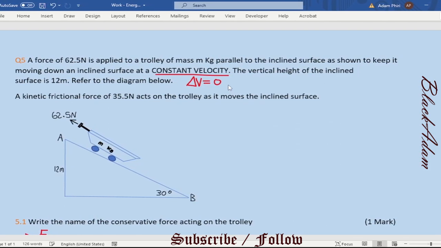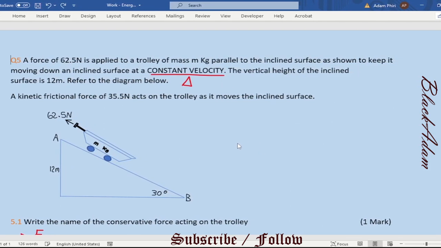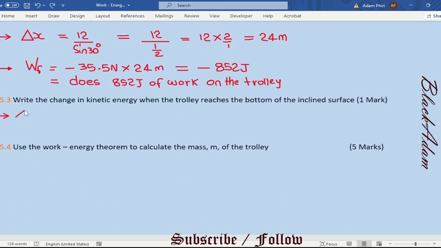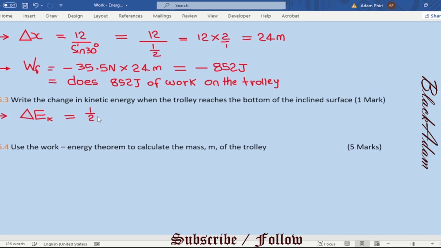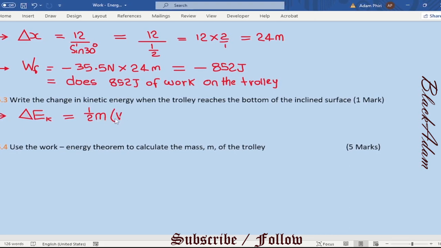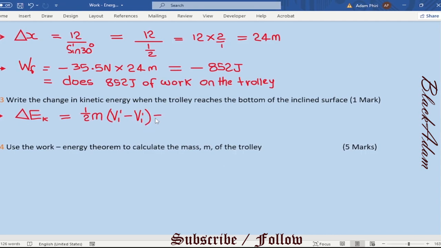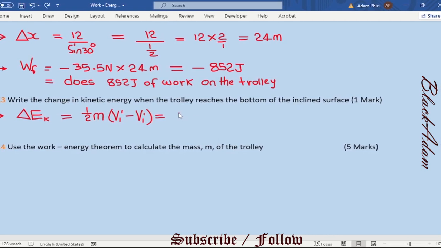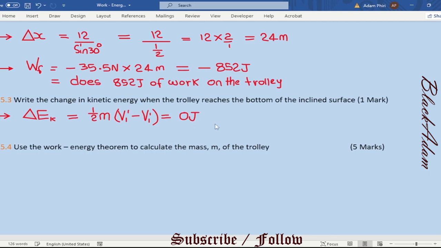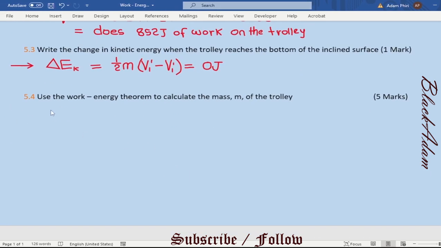Remember that constant velocity means that the change in velocity is 0. So we have the change in kinetic energy, which is going to be half m v squared, forgot the square, and that's going to be 0 joules, whether squared or not.